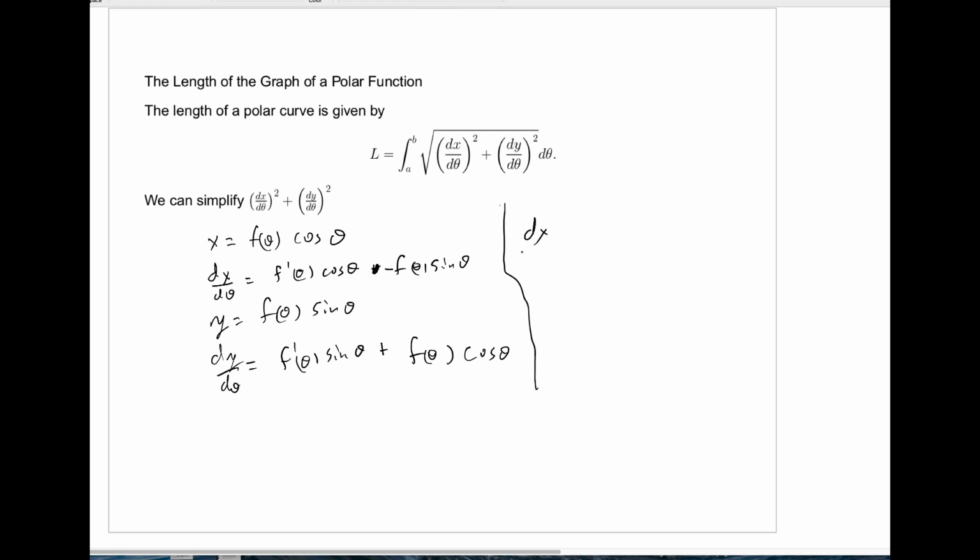What is dx d theta squared? Well, it's the square of this formula. So we get the square of the first term, f prime of theta squared cosine squared theta, plus the square of the second term, which is f of theta squared sine squared theta, plus the cross term, which in this case is minus 2 f prime of theta f of theta cosine theta sine theta.